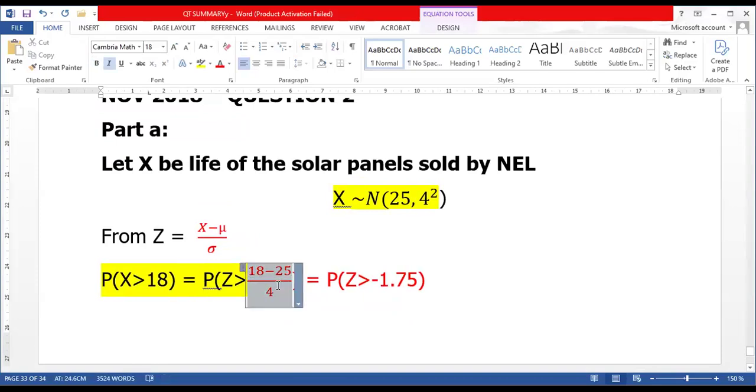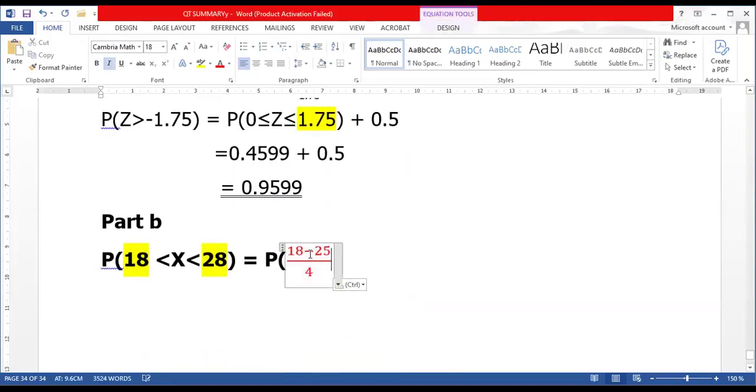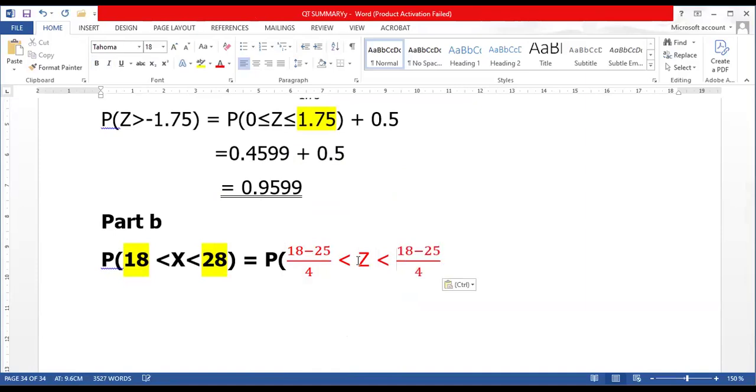Put the mean, okay, put this figure here when you standardize 18. I think this one we had already. Then, where you have x, put z, less. Where you have 28, standardize this also.